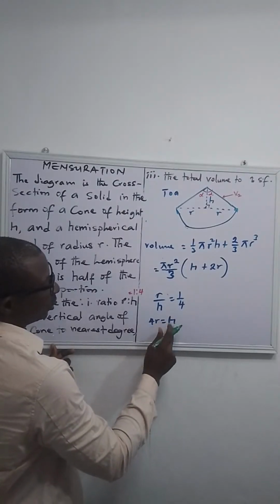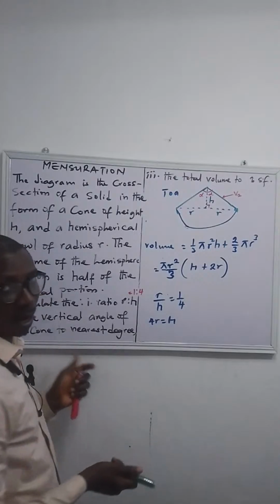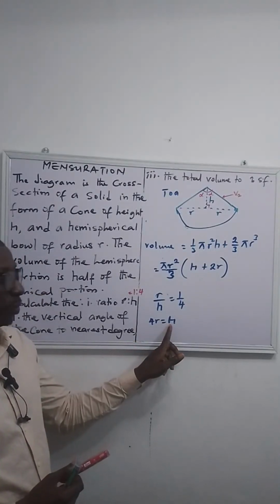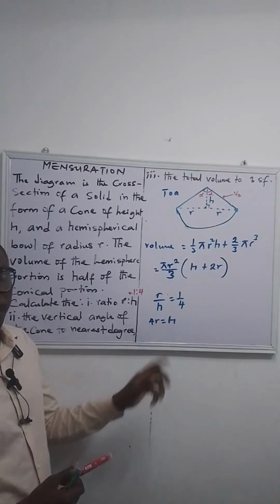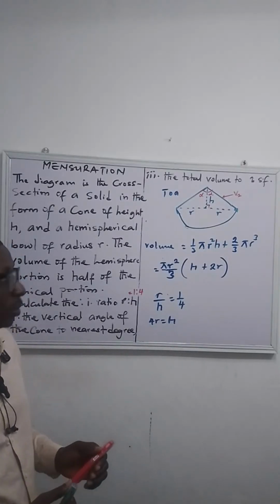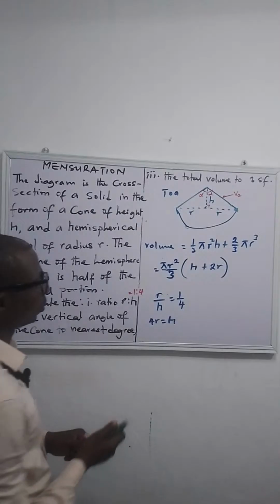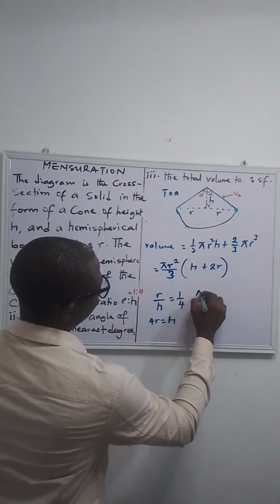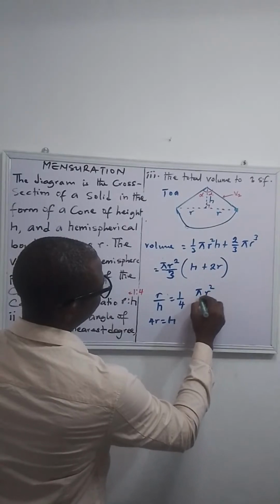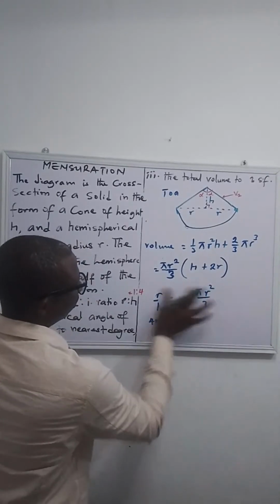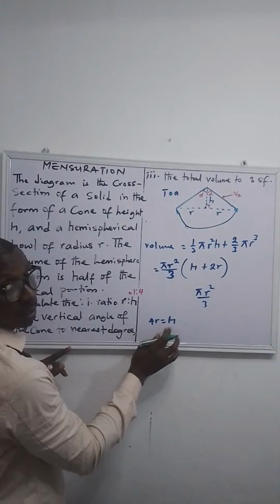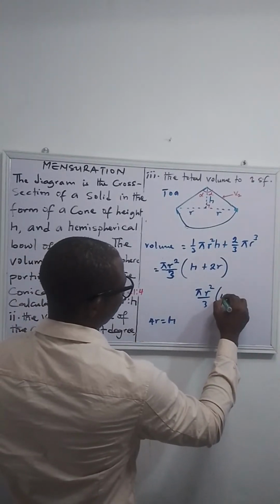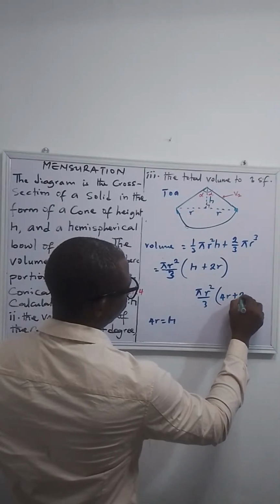So h is the same thing as 4r. Wherever we see h, we can put 4r there. So now this expression turns to pi r squared over 3, times 4r plus 2r, since we already know that h is 4r.